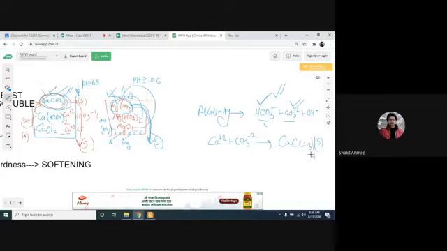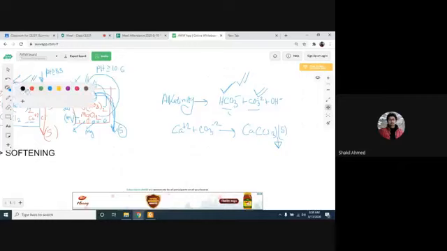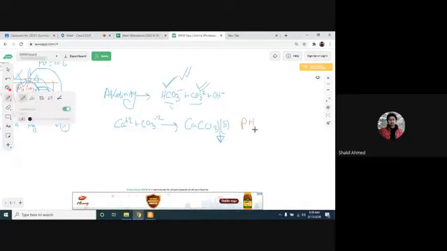It will precipitate like this. So calcium will be removed. And for this reaction to happen, your pH has to be greater than or equal to 8.3.